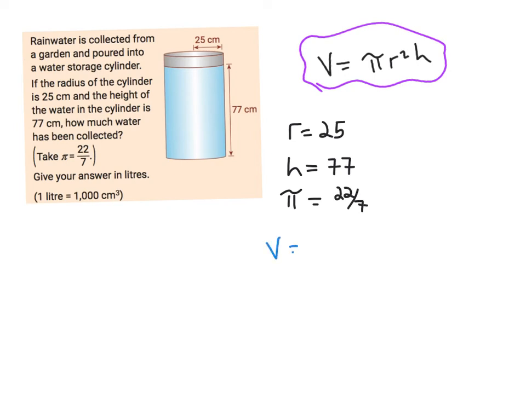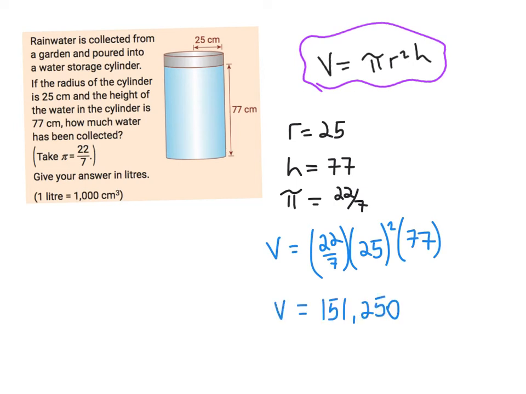So the volume is equal to pi, 22 over 7, times the radius squared, so 25 squared, times h, 77, and putting all of that into our calculator. So that gives us an answer of 151,250 centimeters cubed, because all of these units were in centimeters.